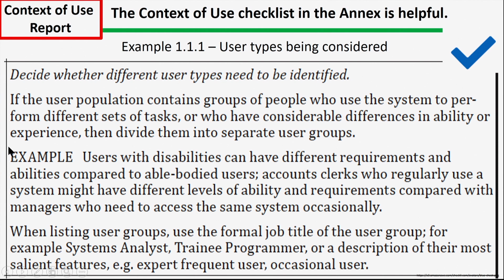And then there's a really nice example shown here about people with disabilities versus able-bodied users and how tasks are performed. So I found that this particular annex is, as I've mentioned, really quite useful. If you're creating a context of use report, you not only want to know what the shoulds and shalls are from the body of the document, but then seeing how it's implemented really helps you be very efficient in writing your report.